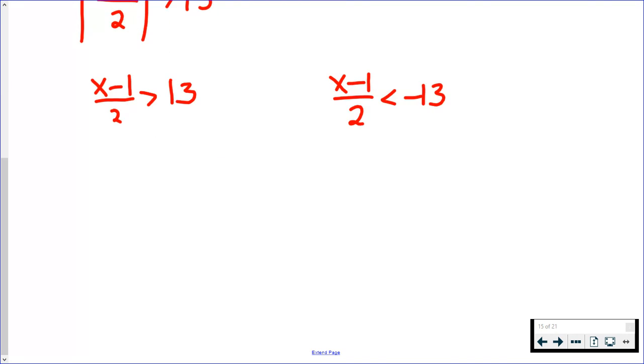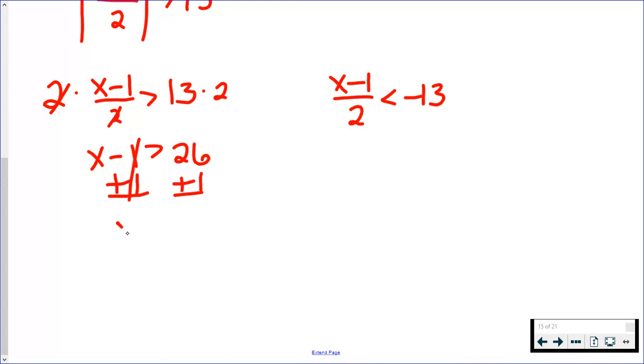So now we can solve both of these. They're going to be the same steps in each equation. I'm going to start by multiplying by 2. And then add 1. So my first answer is x is greater than 27.